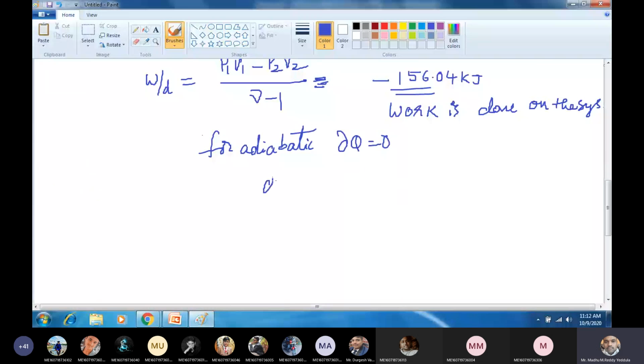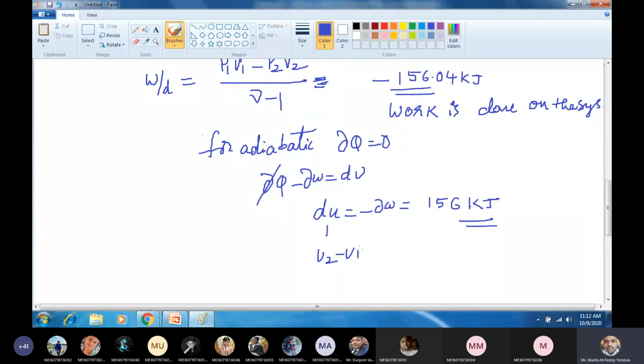As we know, dQ minus dW is equal to dU. In the absence of dQ, dU is minus of minus 156, that is plus 156 kilojoules. During the adiabatic process, dU is nothing but U2 minus U1. So internal energy is utilized to do the work.